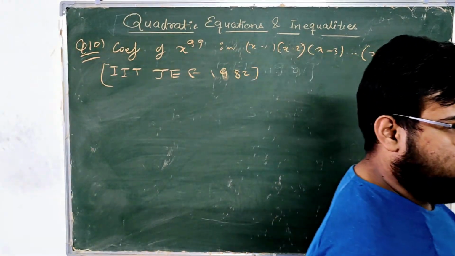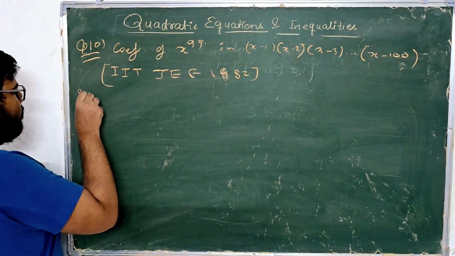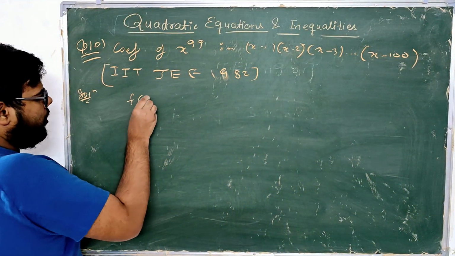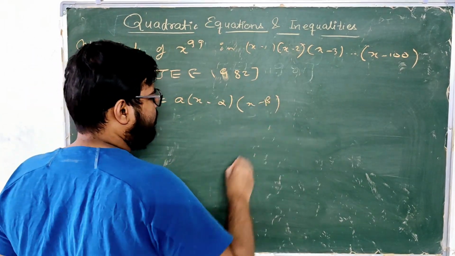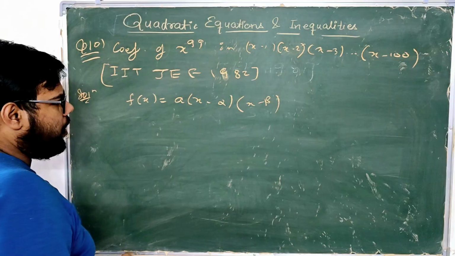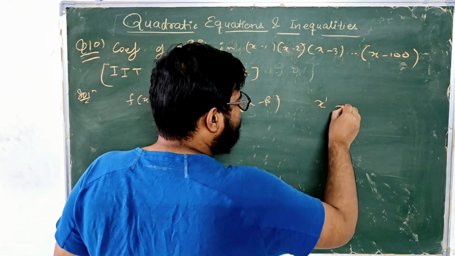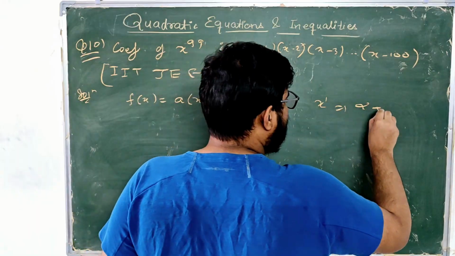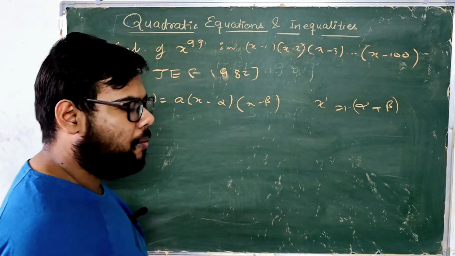Here we are going to apply Vieta's theorem. What is it? You must have studied function f(x) is equal to a(x minus alpha)(x minus beta), right? And if I ask you to find the coefficient of x raised to the power 1, you simply say it is the negative of the sum of roots.